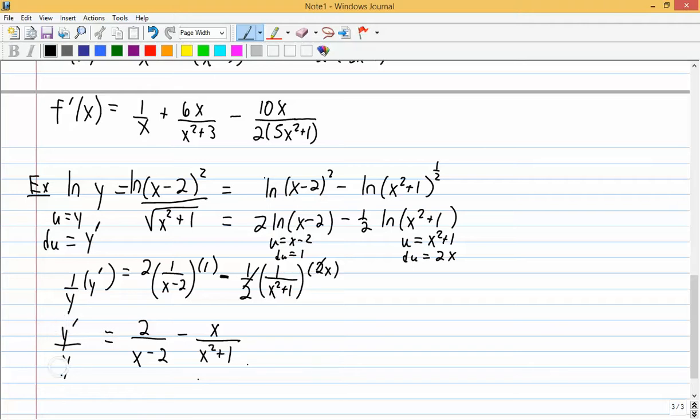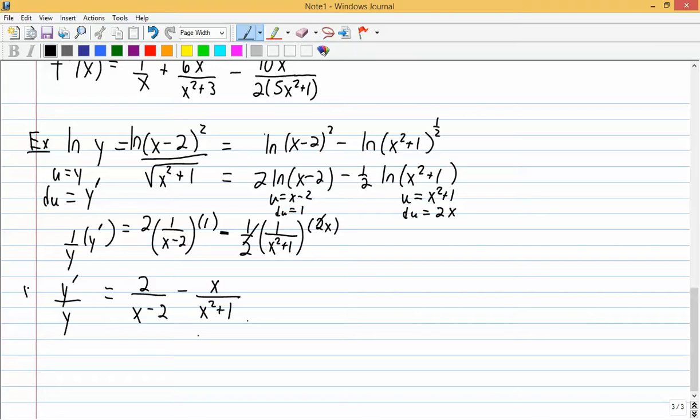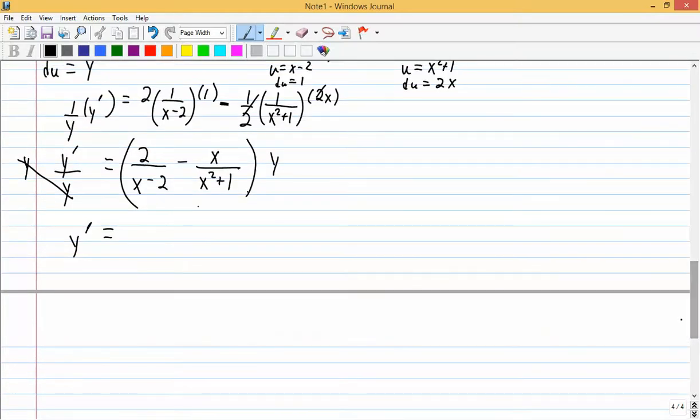So if we still think about this like it's an equation, and we want to solve for the first derivative, then I need to get rid of this y that's in the denominator on the left side of my equation. To do that, you would simply multiply both sides of the equation times y. So if I multiply both sides of the equation times y, then that would cancel out, and I would have y prime equals 2 over x minus 2 minus x over x squared plus 1.